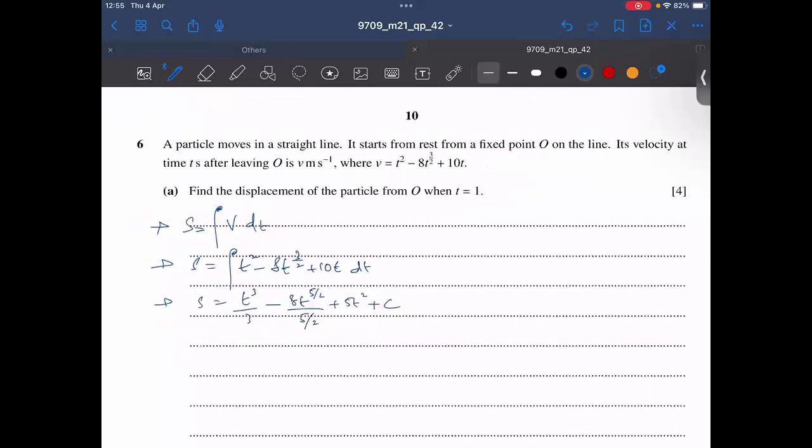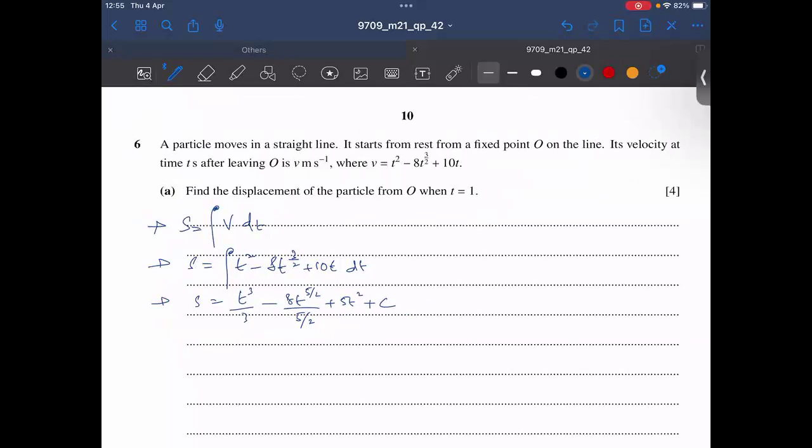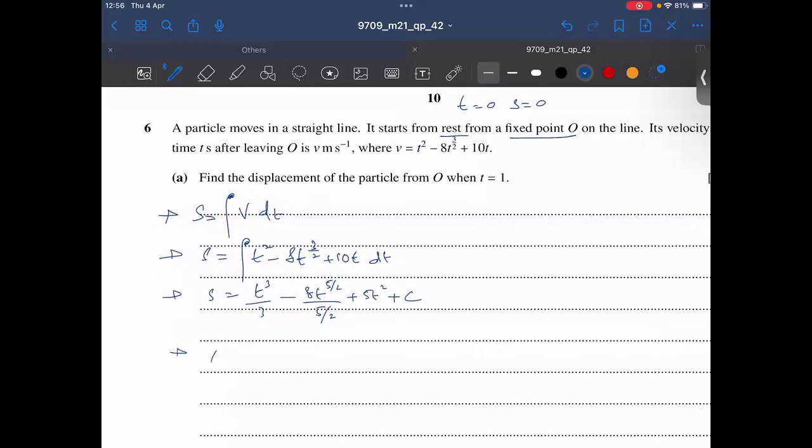And we know that it had started from rest from a fixed point O. So initially at time t equals 0, the displacement is 0 because it has started from a fixed point O. So C is going to be equal to 0.